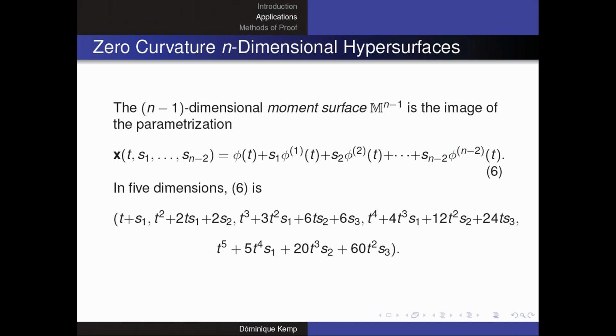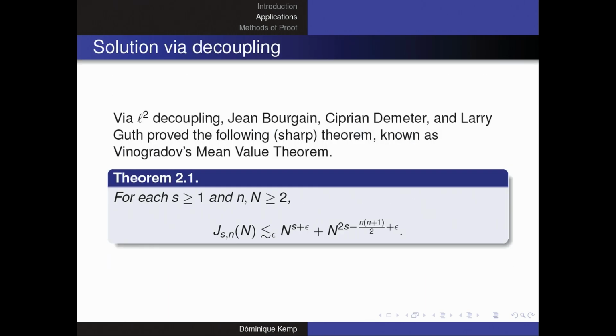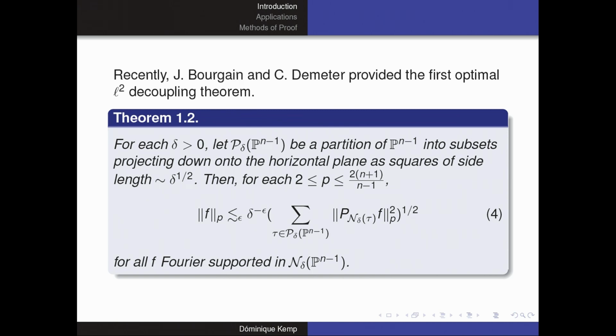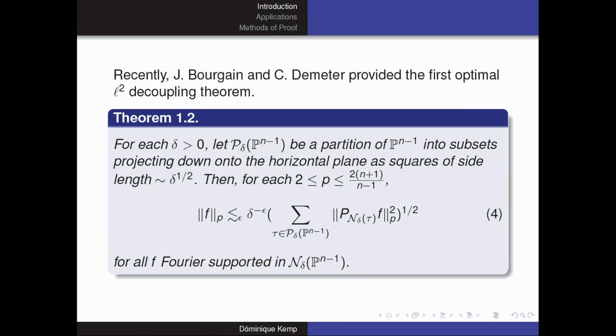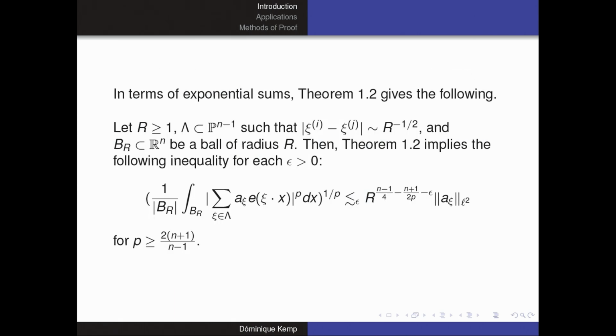Or rather, instead of the decoupling constant being related to the width of your neighborhood, Demeter was able to rewrite the dependence as depending just upon the number of sets you were taking.